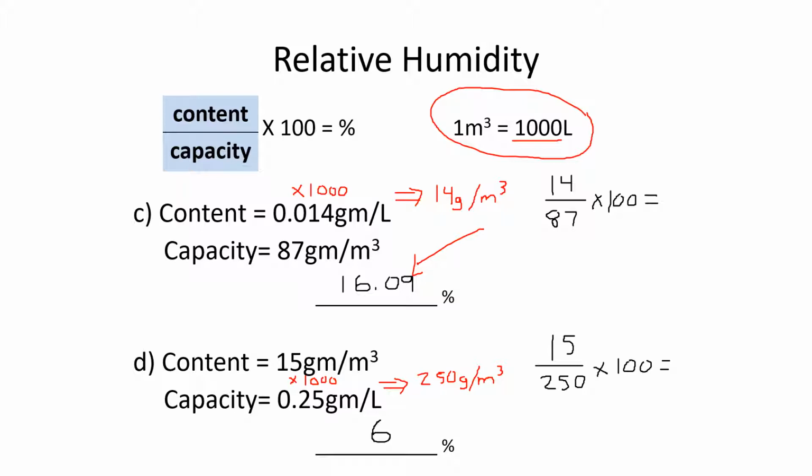You got it? All right. So again, conversion. Multiply by your conversion factor or divide by it.